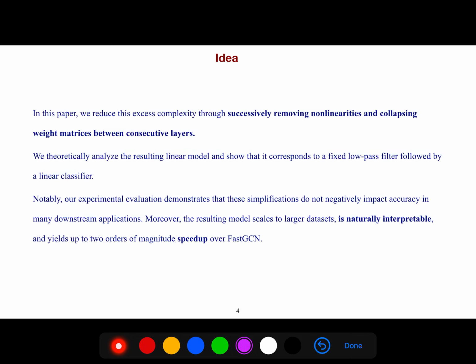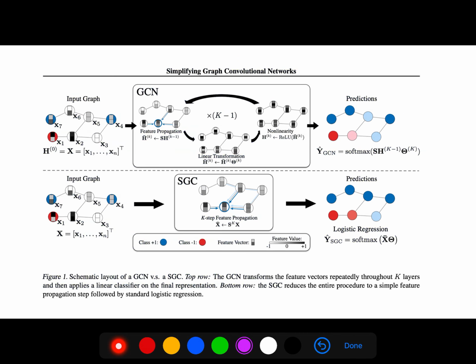Moreover, the resulting model scales to larger datasets, is naturally interpretable, and yields up to 2 orders of magnitude speedup over FastGCN. So you see the schematic layout of a graph convolutional network versus SGC, simplified graph convolution.